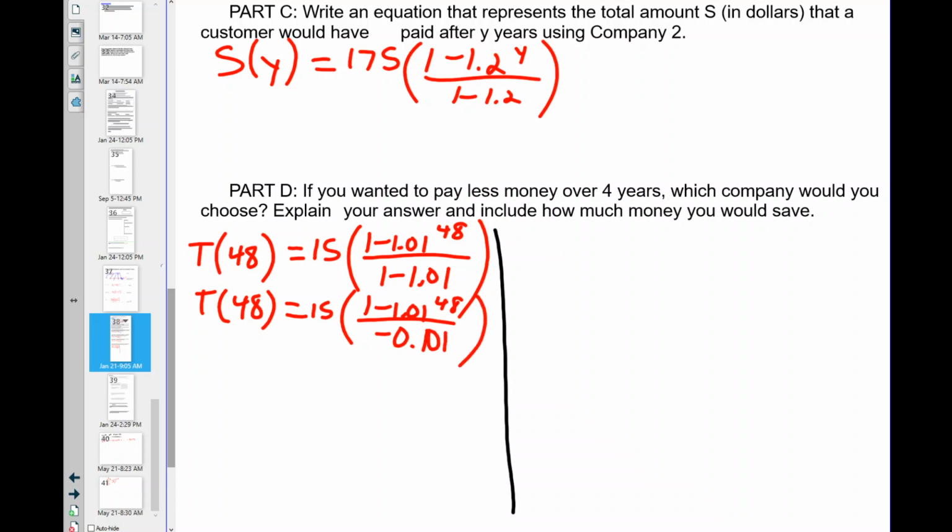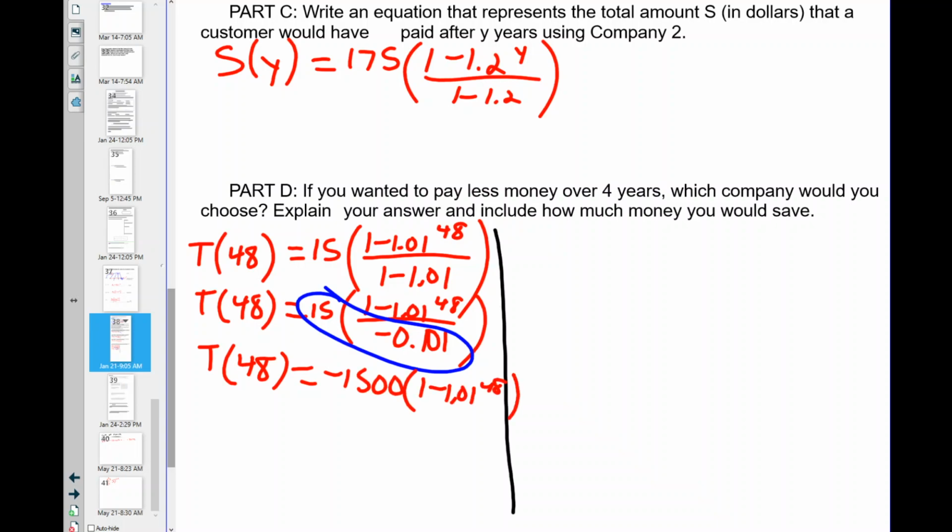And when I divide 15 by negative 0.01, you don't have to do this again. That gives me negative 1500. So that's negative 1500 times 1 minus 1.01 to the 48. It just makes it a little bit easier to tap into the calculator. Yes, Julian.